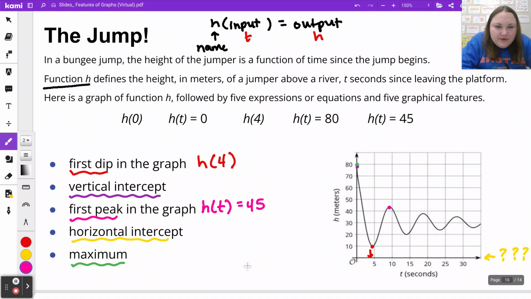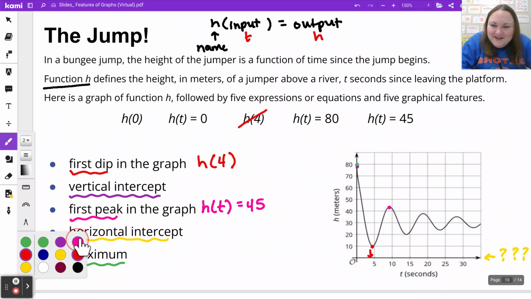Next, looking through, I'm going to tackle this point right here, which we've already matched with both the vertical intercept and the maximum. They're both talking about the same point, but the difference is that with the function notation, the maximum's really going to be communicating this is the maximum. And do you see which one of these, and I can cross them off, we've already used this one and this one.